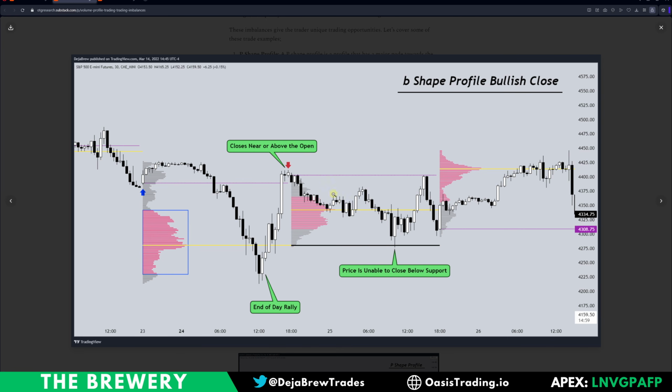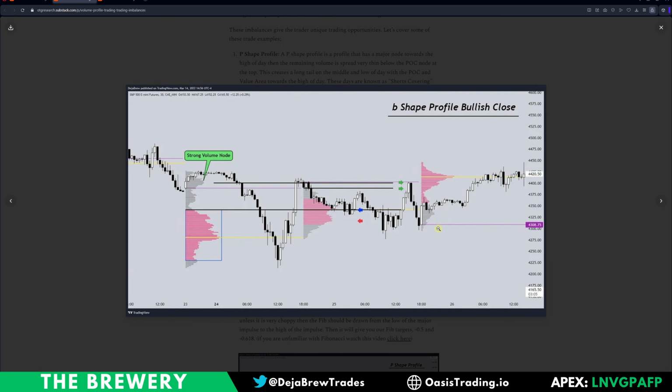So as price begins to come down to try to protect them, look for a bounce. If they are not able to close back below that POC or back below that value low, then most likely those traders are trapped, and the buyers are going to start looking for higher prices to squeeze them out.